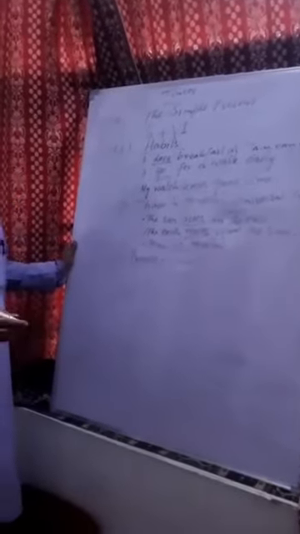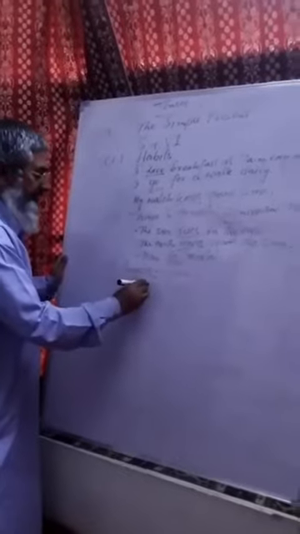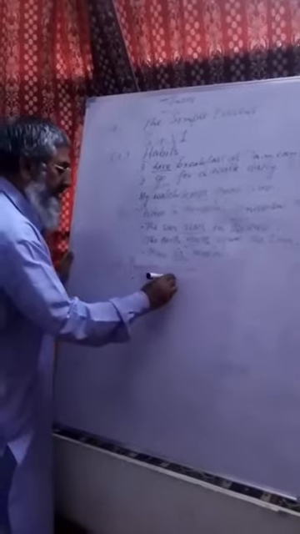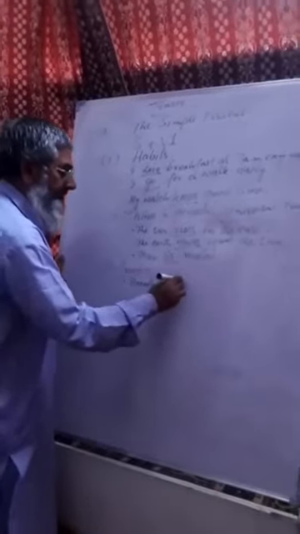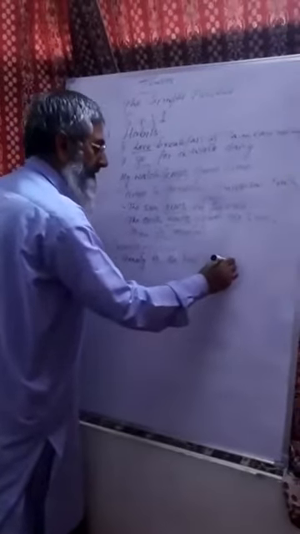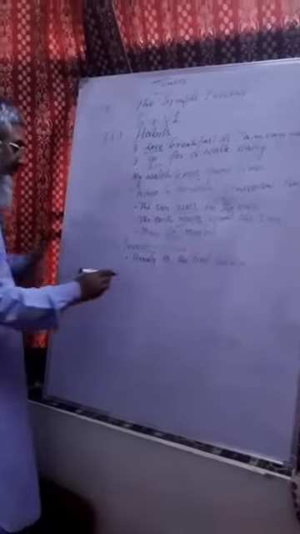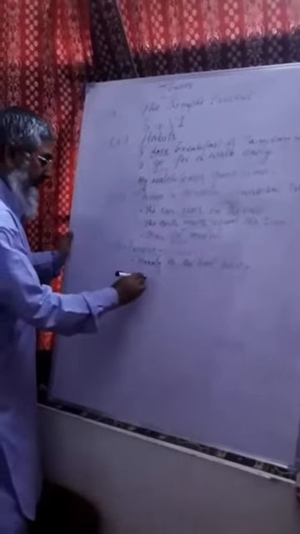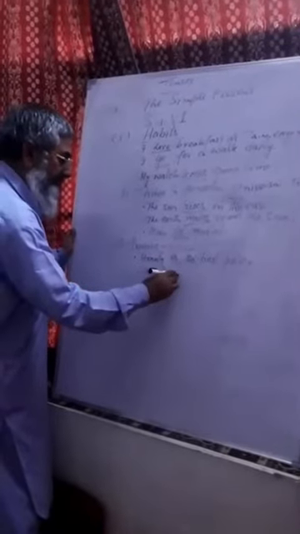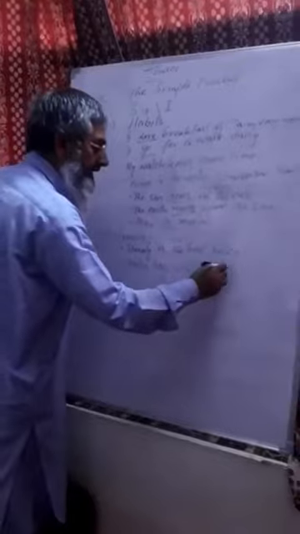Now proverbs also use the simple present. For example, honesty is the best policy. Or make hay while the sun shines.